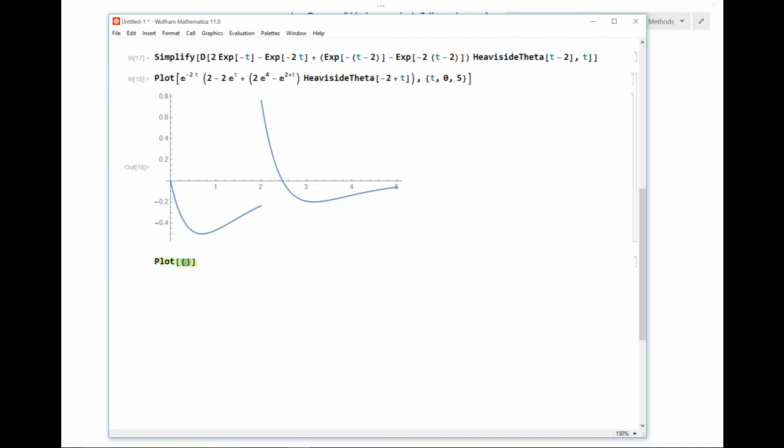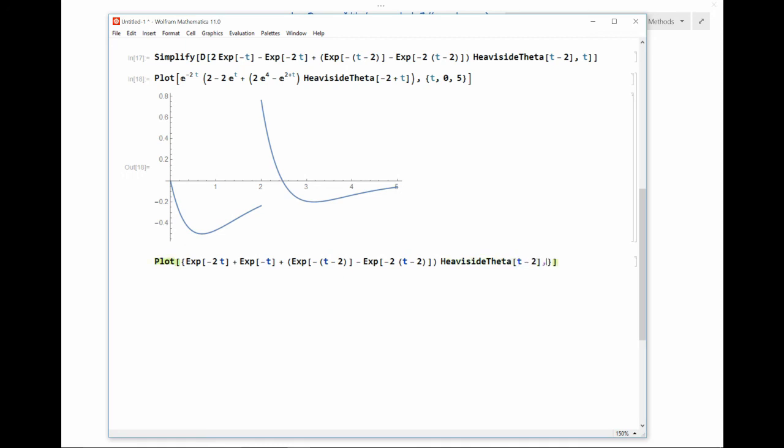I'm using curly braces to tell Mathematica that I'm plotting two functions. So the first function was e to the minus 2t plus e to the minus t plus e to the minus t shifted by 2 units minus e to the minus 2t shifted by 2 units multiplied by the Heaviside function of t minus 2.